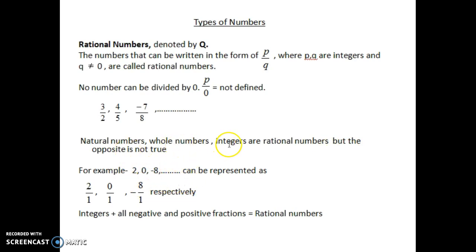Because they can be represented in the form of p by q. Like 2 can be represented as 2 upon 1, 0 can be represented as 0 upon 1, minus 8 can be represented as minus 8 upon 1 respectively. And this is the same in case of all other natural numbers, whole numbers and integers also. So, what next?